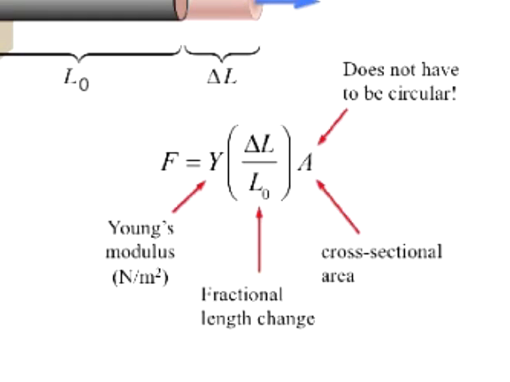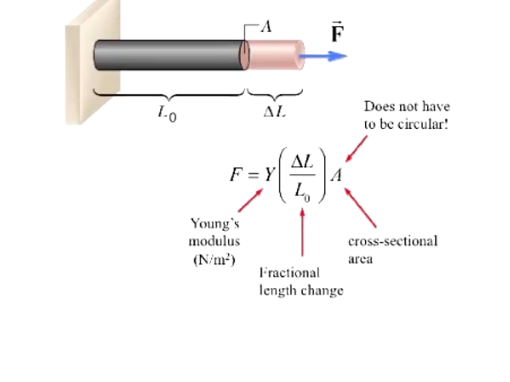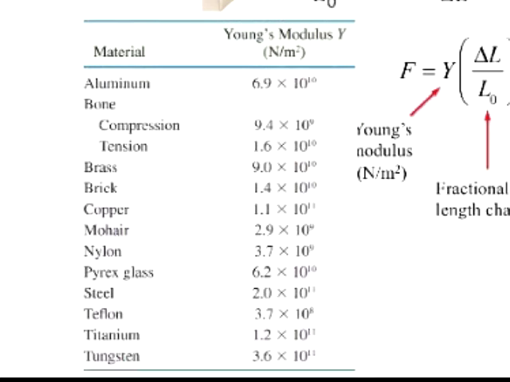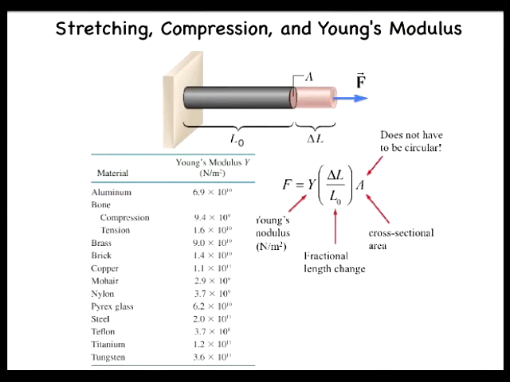The magnitude of the force is also proportional to the cross-sectional area A, which need not be circular, but can have any shape, for instance, rectangular. The table gives values of Young's modulus for some common materials, all of which are in the 10^9 to 10^11 newtons per meter squared range. It gives you an idea of the relatively large magnitudes of forces that are required to stretch most solid materials.